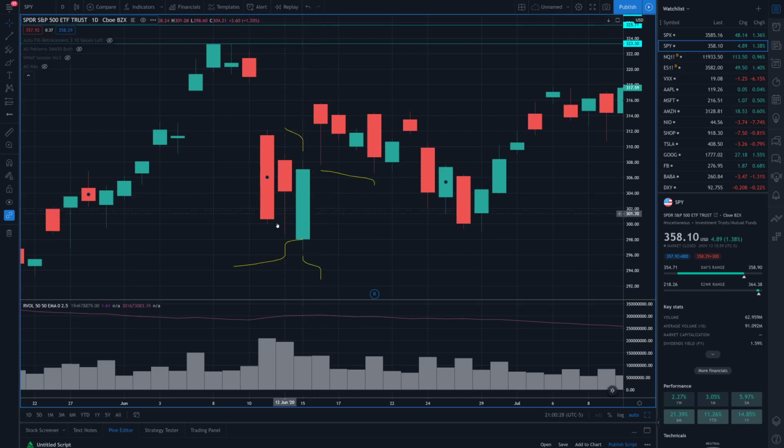It opened at 298, and it actually hit a low of 296.76. But it didn't close there. It fell, but it went all the way back up. And so it actually reached a high of 308.24, but the stock market ended up closing.